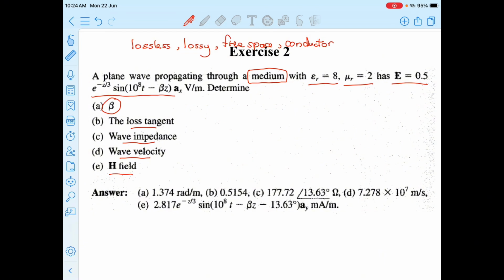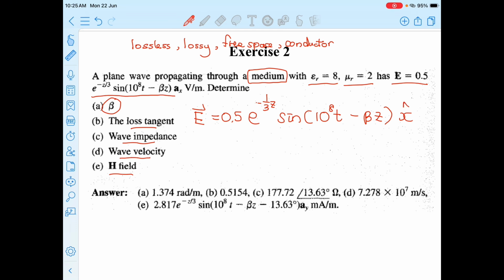Let us look at the electric field formula. The electric field has an amplitude of 0.5 and an exponent term, e to the power negative 1 over 3 z, then sine of 10 power 8 t minus beta z in the x direction.